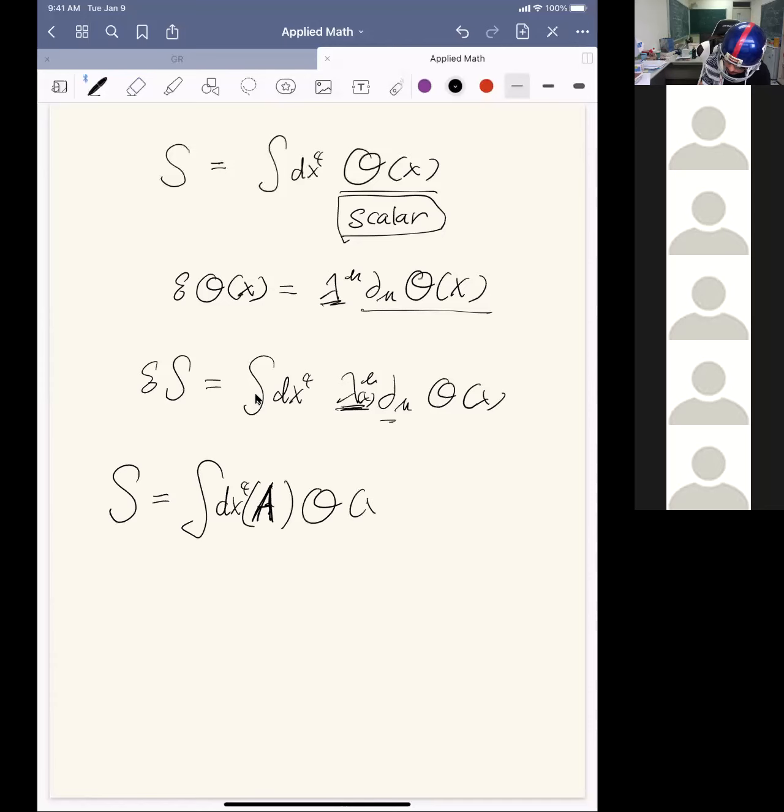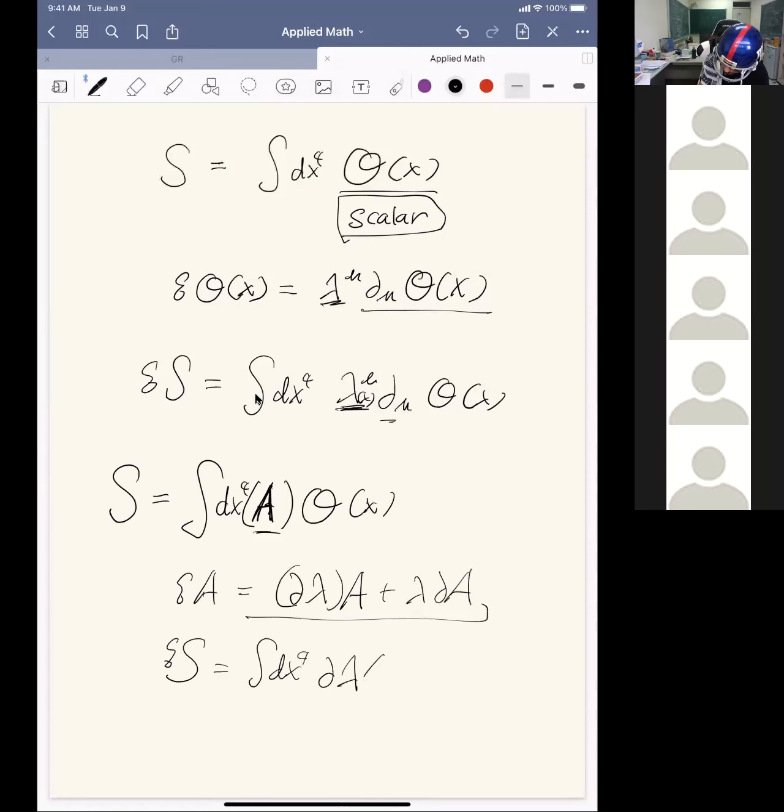And if this thing can be given by the variation of A, if it involves partial lambda times A plus lambda partial A, then the variation of S, which is going to be dx for, so it's going to be partial lambda A O plus lambda partial A O plus lambda A partial O, right?